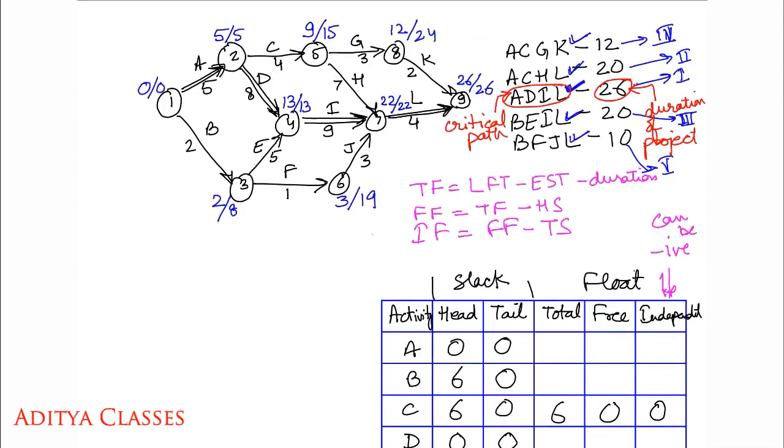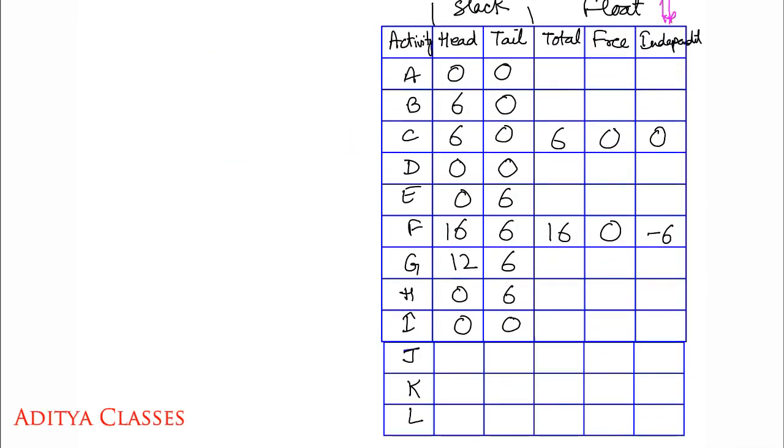What about J? For J we see head is at 22, 22, no head slack. Tail is at 19 and 3, so I can get a tail slack of 16. So I have a head slack of 0 and a tail slack of 16 for J. 0 and 16 we get.